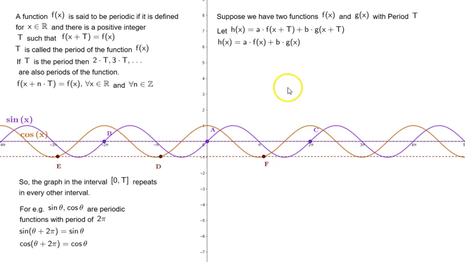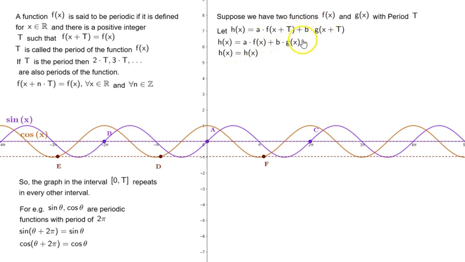Then this can be written as h of x is equal to a times f of x plus b times g of x, because f of x is equal to f of x plus t and g of x is equal to g of x plus t. So which means h of x equal to h of x.